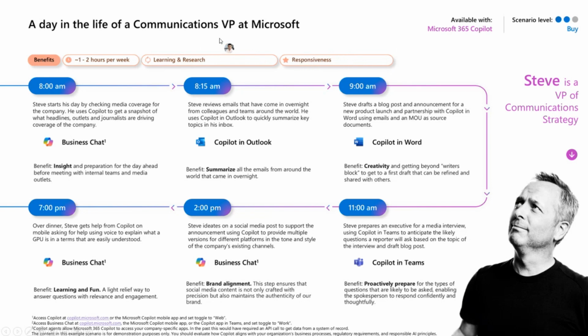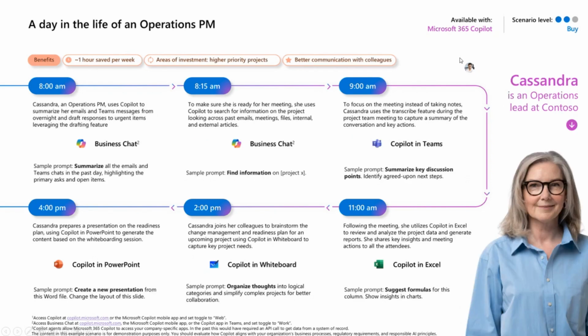So you can see how it saves time with recurring tasks for different roles. That helps us understand more about how we can use Microsoft 365 Copilot. So I will hand it over to Clay. He will guide us through the next topic. Thanks for your attention. Clay, the floor is yours. Hello.